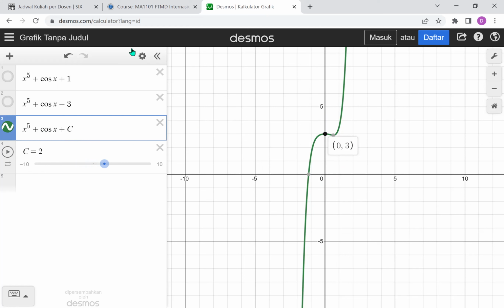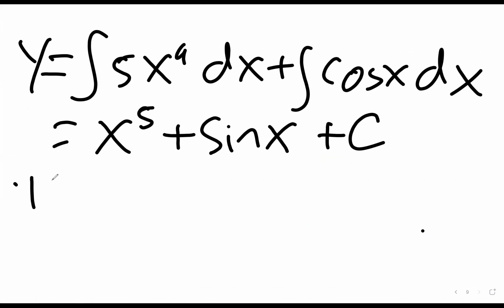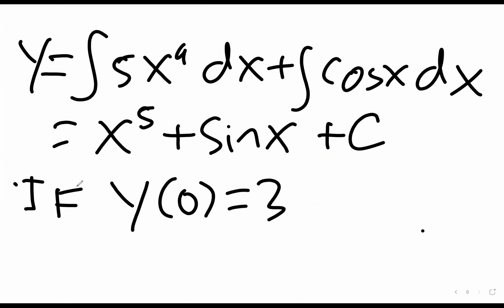So in this case, if I add additional information, for example, y at 0 equals to 3, so the meaning is that, oops, sorry, I made a mistake. Sin x should be sin x. Anyway, it's almost the same. If c equals to 2, then, sorry, this one. Okay, so c equals to 4, for example.